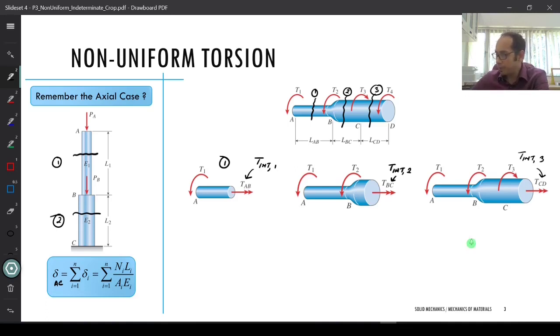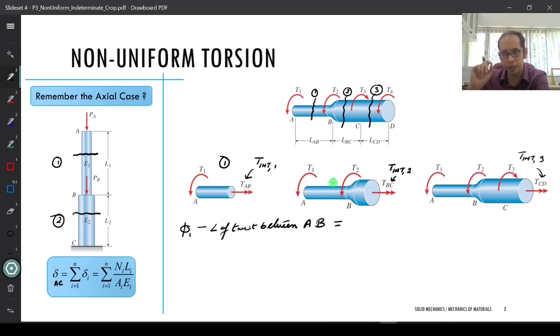Now going back to the similar analogy as we had over here, what is going to be the angle of twist phi for section 1, this part between A and B? This is simply the same torsion formula, TL divided by JG.